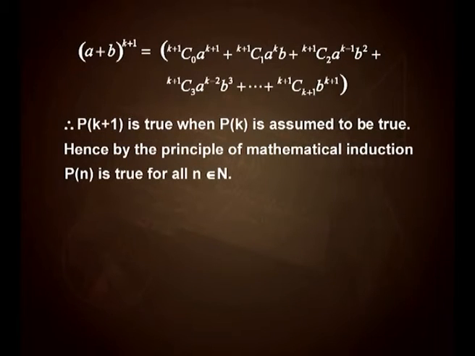So, in the language of the principle of mathematical induction, we conclude by saying that P(k plus 1) is true whenever P(k) is assumed to be true, and therefore, by the principle of mathematical induction, the result must be true for all n where n belongs to natural numbers. So, that is how we conclude.